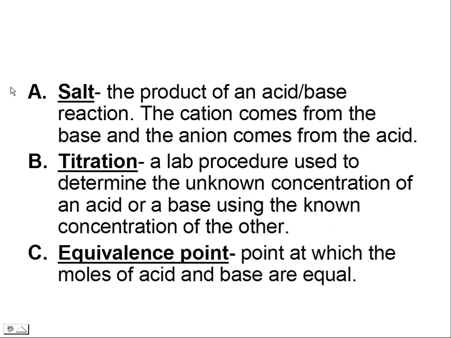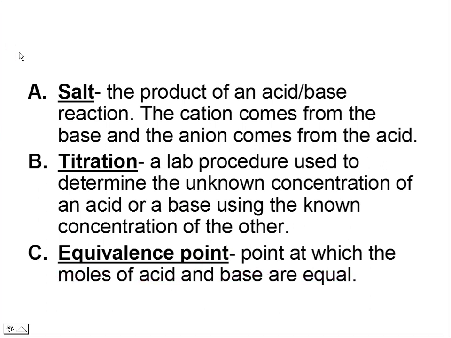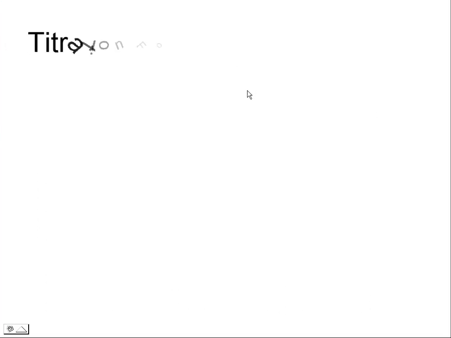And the key part of this definition is that it is equal moles. The moles of your acid and your base are equal to one another. And you will need to know these three definitions for your quiz. On equivalence point, if you leave out the fact that the moles are equal, then I will mark it wrong. So you can get that from the PowerPoint.